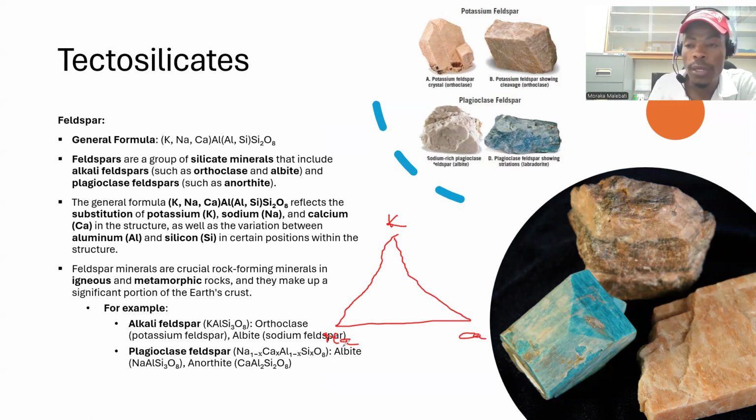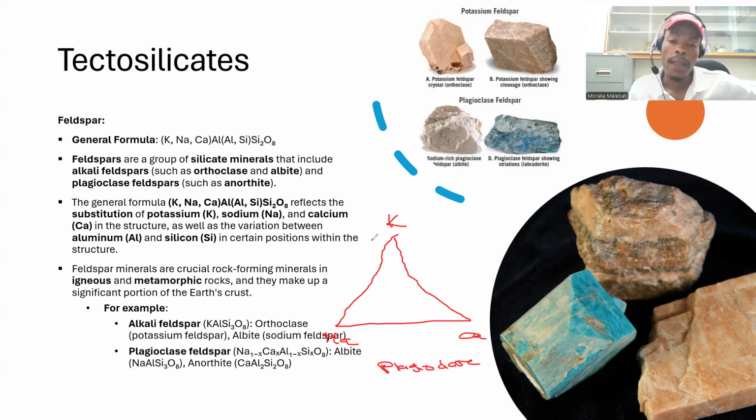The feldspars which have the sodium and calcium end members, we call plagioclase feldspars, and the ones having end members between potassium and sodium, we call the alkali feldspars.